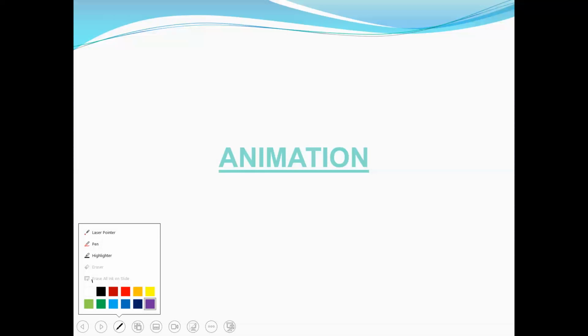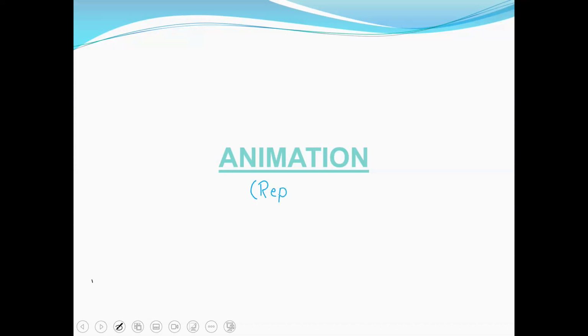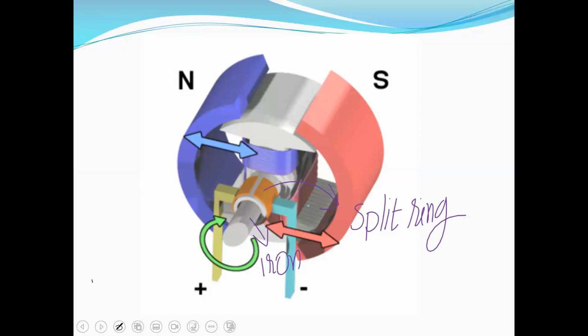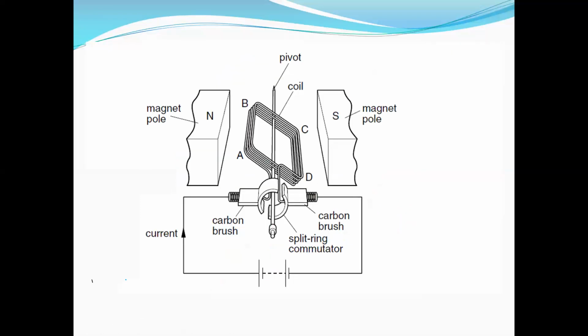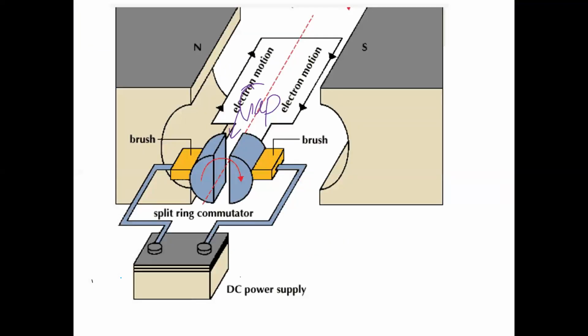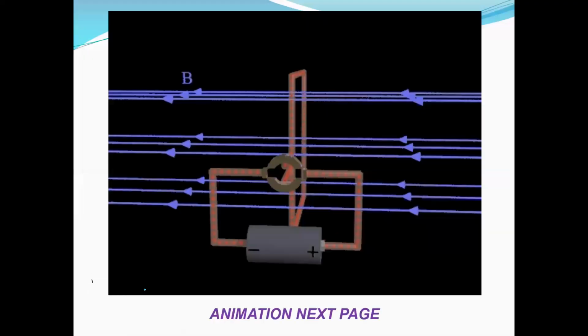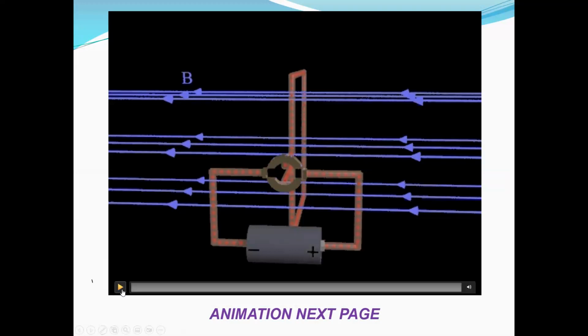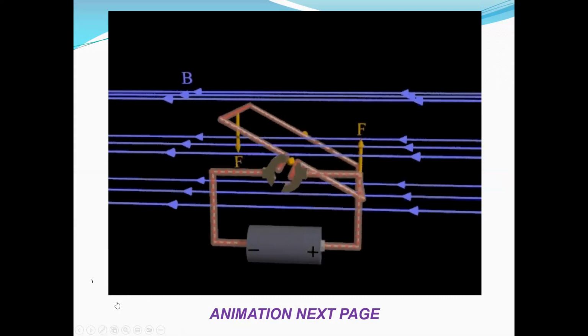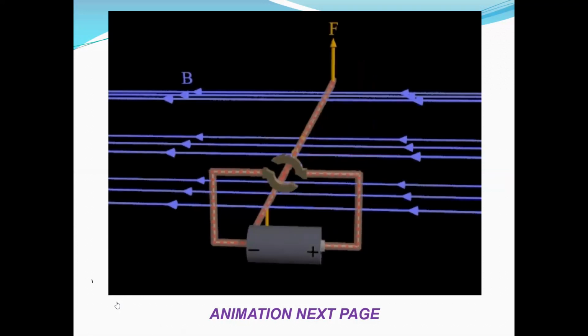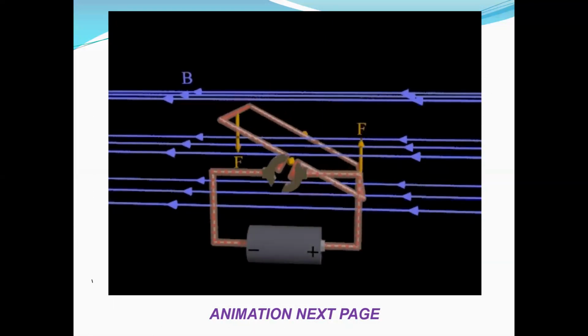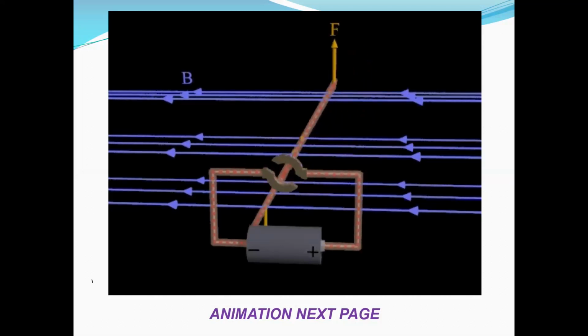It stops, right? So why does the current stop here? Look at the animation again. Can you see the gap? Current cannot jump through the gap. Look at the animation carefully, it's a very technical concept. Now see, the gap is coming. Now the gap comes. When there is a gap, current cannot pass because current cannot jump through a gap.